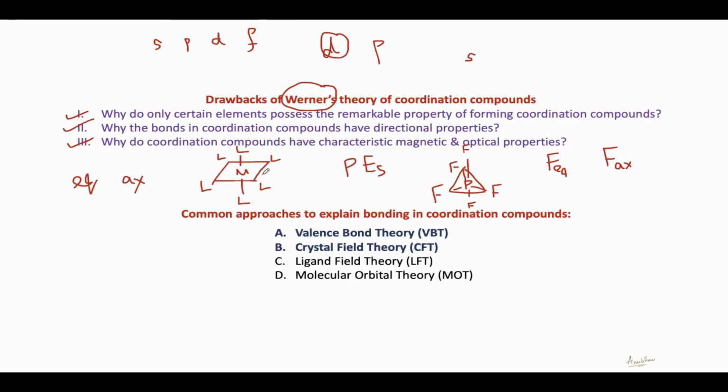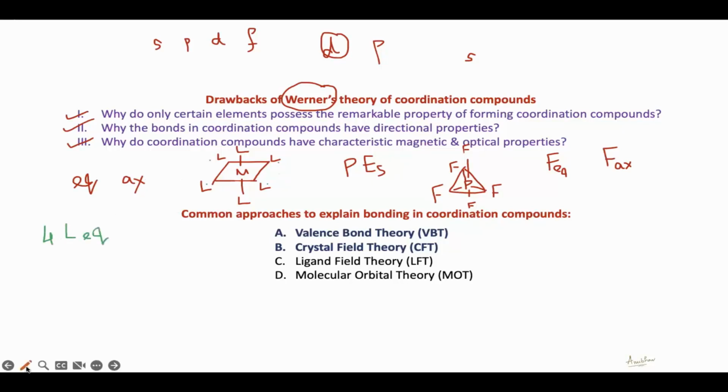Now we have the same analogy in this ML6 octahedral complex. Here you can see these green dotted L's are in the equatorial plane, so these four L's are equatorial.